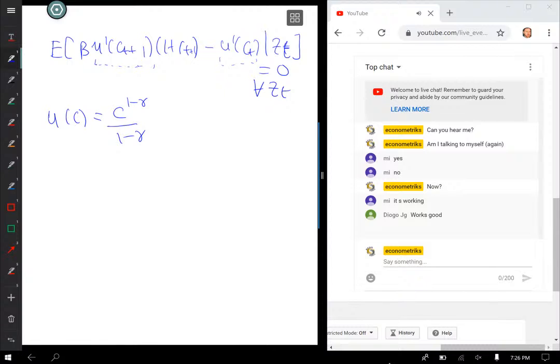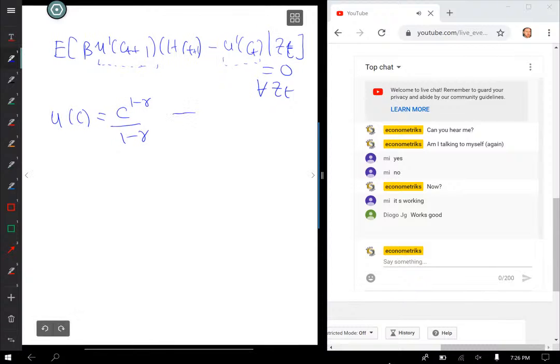This is one approach. The simplest example is to assume that utility has this constant relative risk aversion form. The first derivative of the utility of consumption is then just equal to c to the minus gamma. When you differentiate with respect to c, multiply by this, and then we're just going to cancel out the 1 minus gamma, and then subtract 1 from the power.